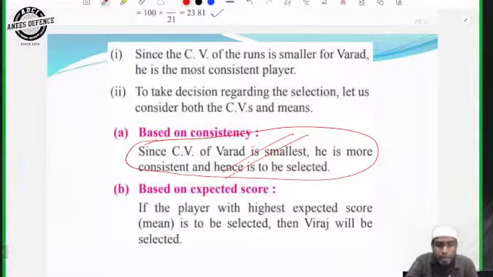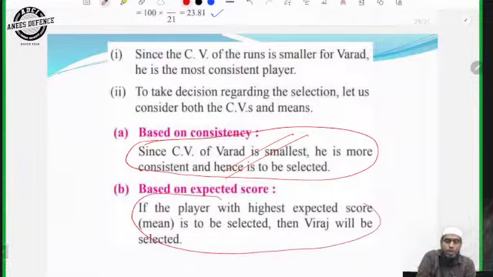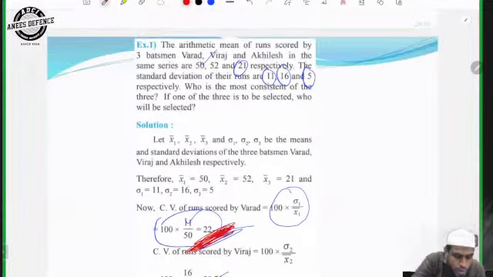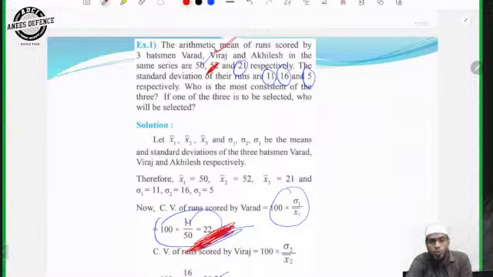If you want to get a better score, if you take the player based on the highest expected score, then you have to consider Viraj because his mean value is greater. Here you can see mean value is highest for Viraj. So for the possibility of the person who scores a large value, we can consider Viraj.